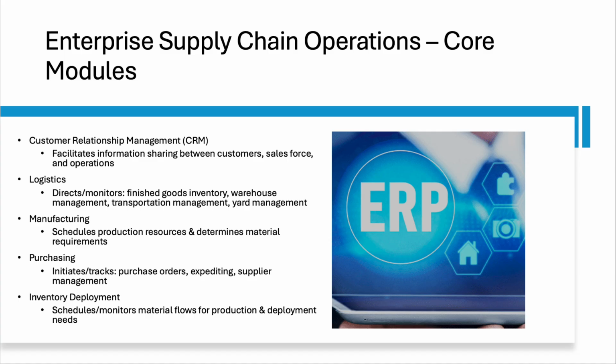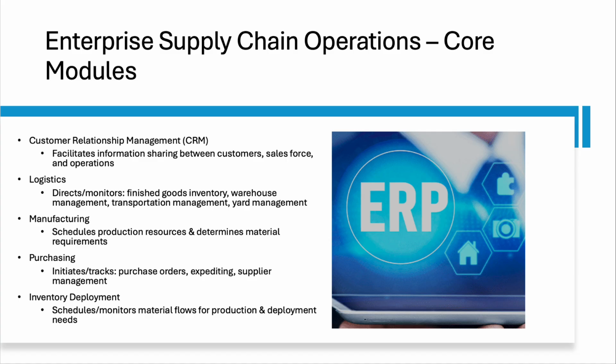The third is manufacturing. Manufacturing systems schedule production resources and determine material requirements. The fourth is purchasing. Purchasing systems initiate and track purchase orders, expediting, and supply management. The fifth is inventory deployment. Inventory deployment systems schedule and monitor material flows for production and distribution needs.